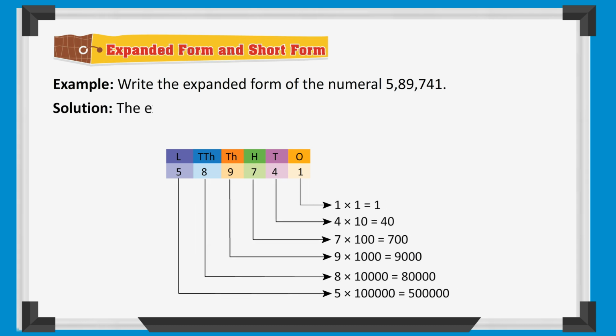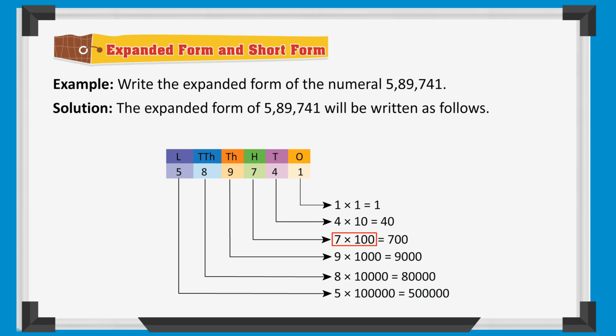Solution: the expanded form of 5,89,741 will be written as follows: equals 5 times 100,000 plus 8 times 10,000 plus 9 times 1,000 plus 7 times 100 plus 4 times 10 plus 1 times 1 equals 5 lakhs plus 8 10,000s plus 9 thousands plus 7 hundreds plus 4 tens plus 1 ones equals 500,000 plus 80,000 plus 9,000 plus 700 plus 40 plus 1.